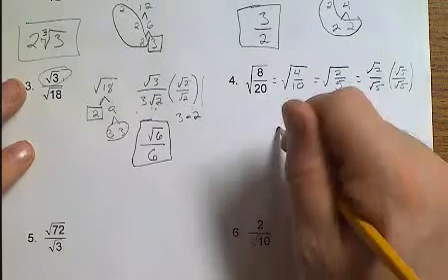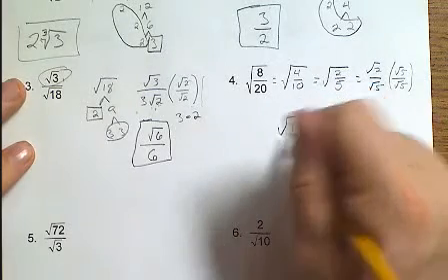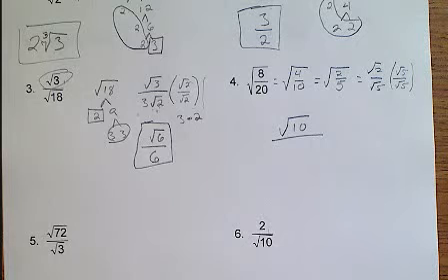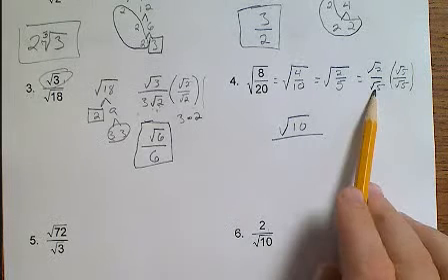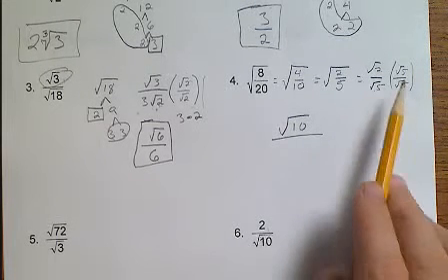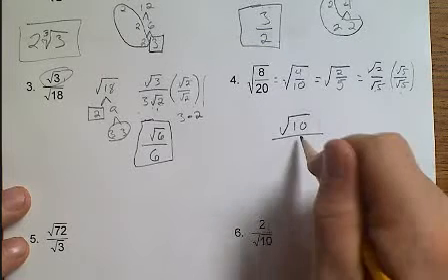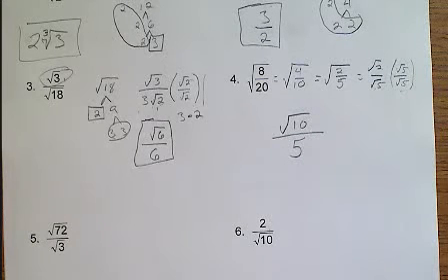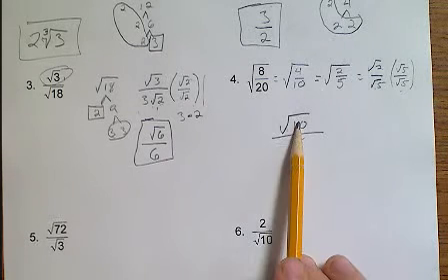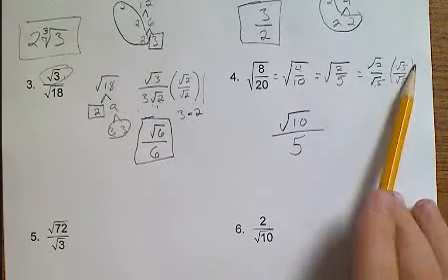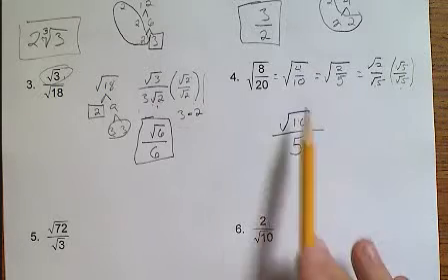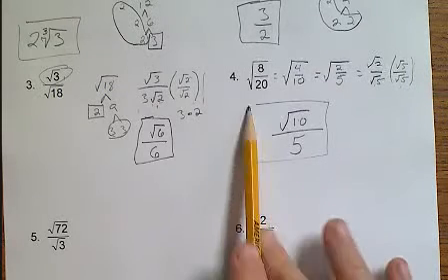So that gives me the square root of 10 over the square root of 5 times the square root of 5 just gives us a regular 5. And if I were to try to simplify, the square root of 10 is just 2 and 5, so it won't simplify. That is as far as we can go.